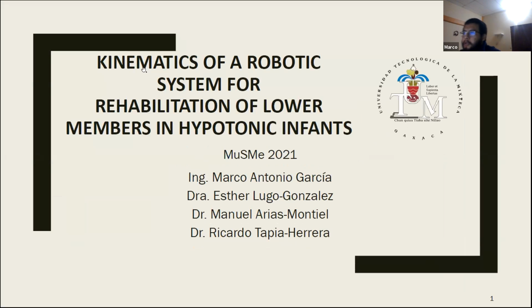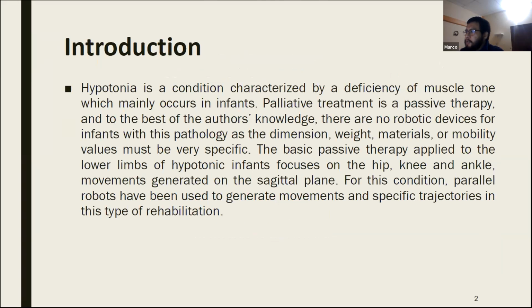Kinematics of a robotic system for rehabilitation of lower members in hypotonic infants. My name is Marco Antonio Garcia. Collaborators are Doctor Esther Lugo González, Doctor Manuel Díaz Montiel and Doctor Ricardo Tapia Herrera. Introduction.